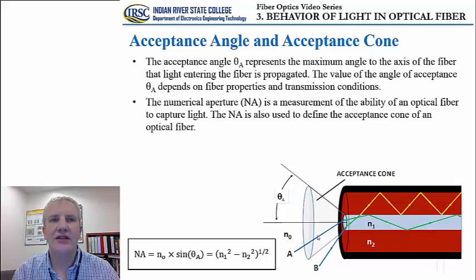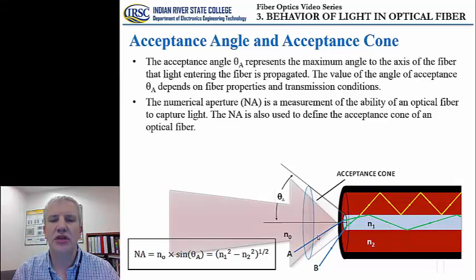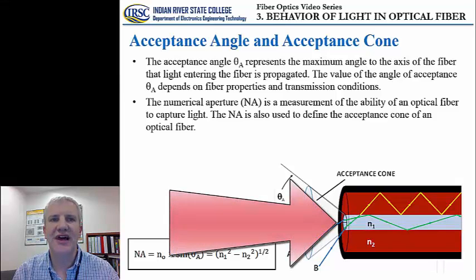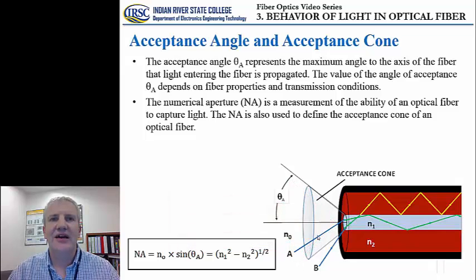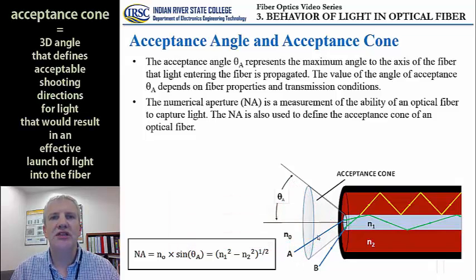How effectively the light is launched into the fiber depends on the angles or directions from which we shoot the light into the fiber. We define a cone, the so-called acceptance cone, shown here on this slide, that basically determines the acceptable shooting direction that would result in an effective launch of the light energy into the fiber.